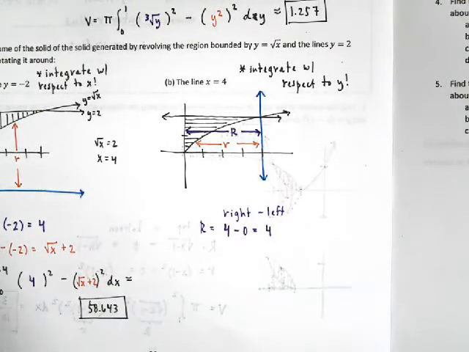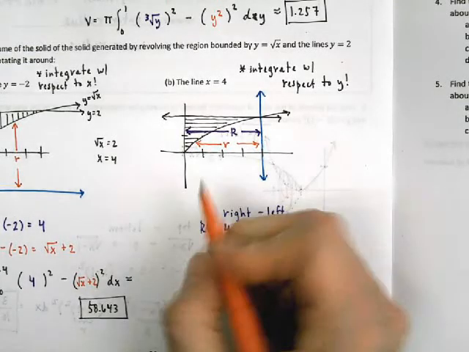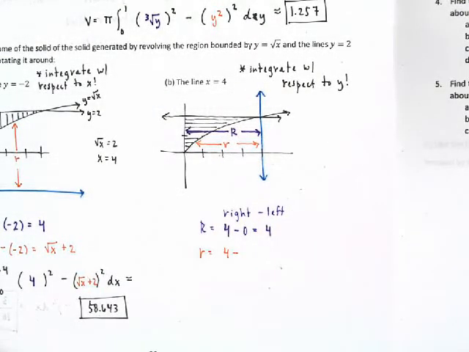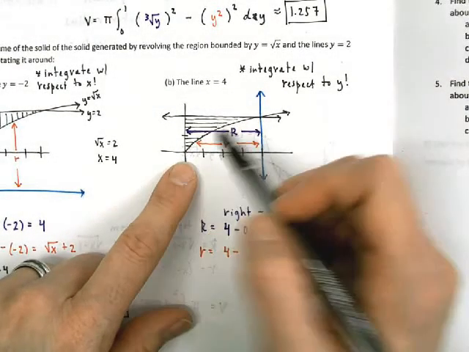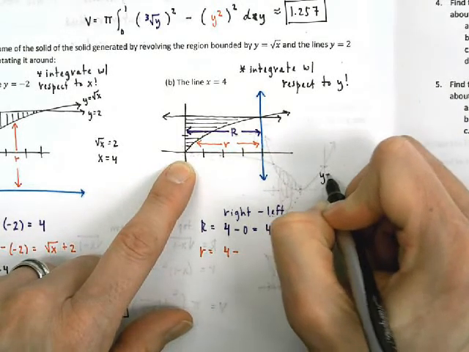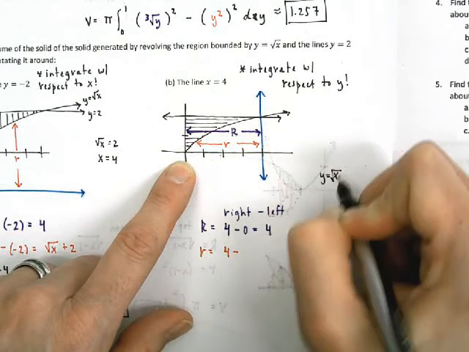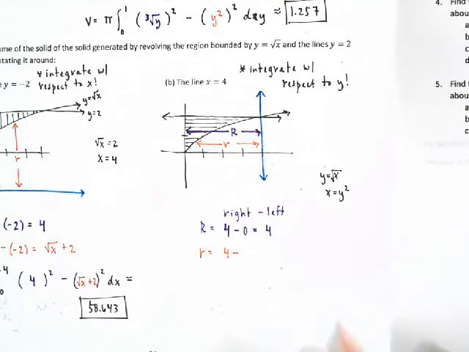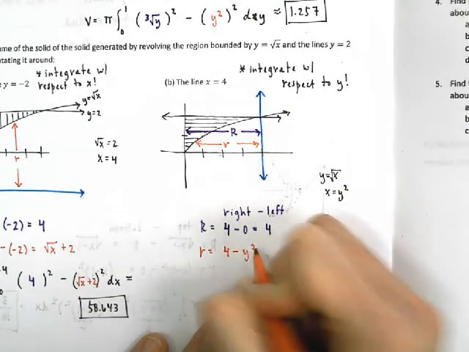Now, my little r here, let's see. For my little r, my right is still 4. Then minus, well, I have to use this curve with the square root of x, but I know since I'm integrating with respect to y, I have to solve that for x, so x equals y squared. So my little r is going to be 4 minus y squared.